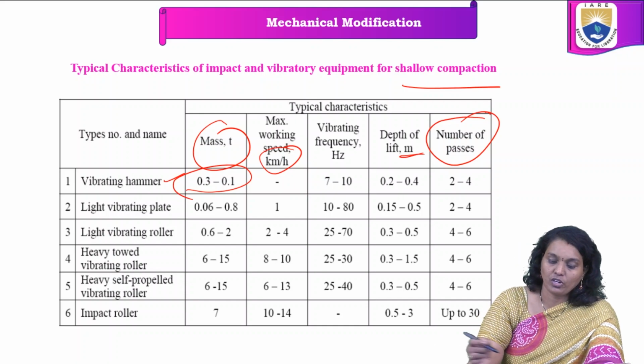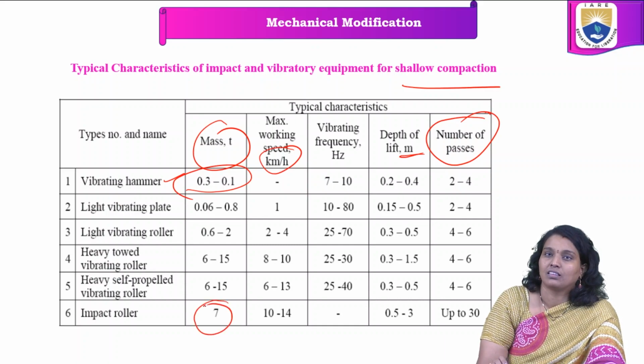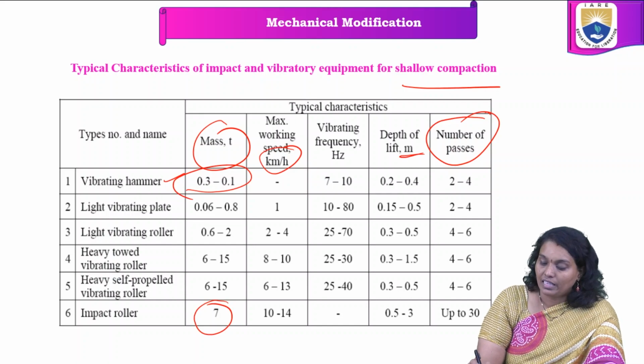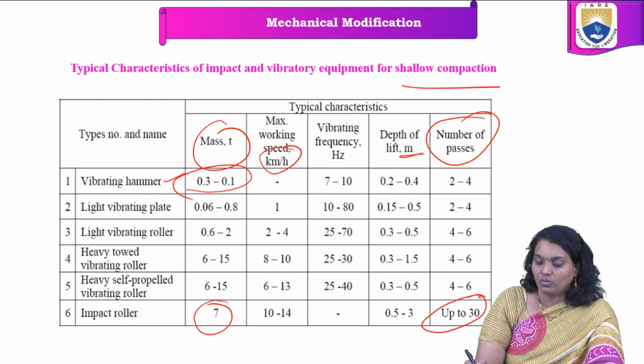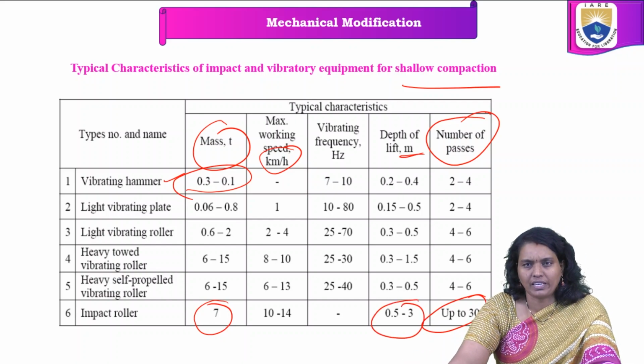In this, coming to the vibrating hammer, impact roller is 7 for that mass, and the number of passes is up to 30, and the depth of the lift is between 0.5 to 3 meters.